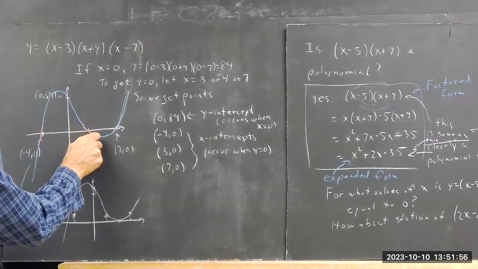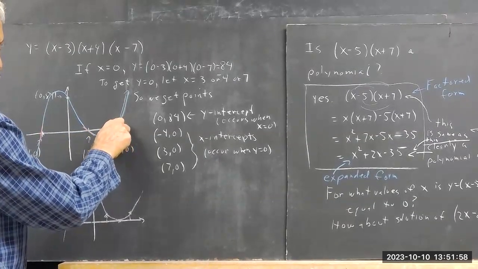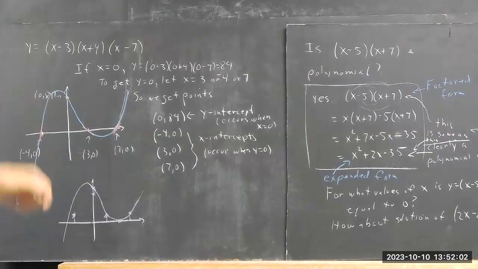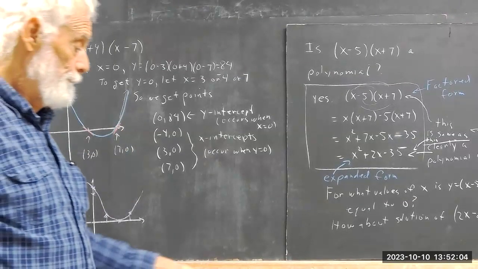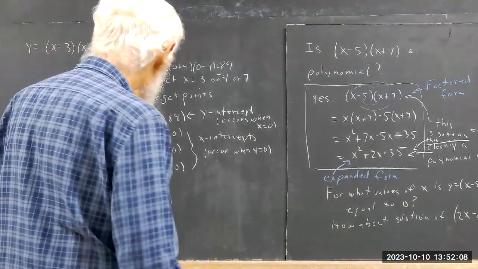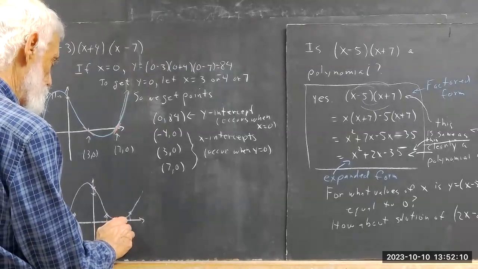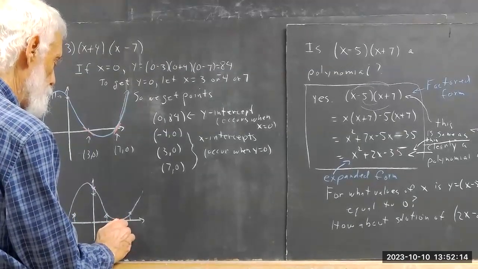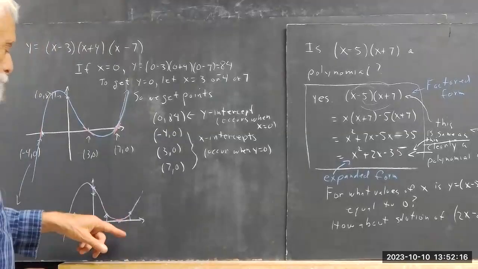Right here is a linear function that models this. And here's a linear function that models this in the vicinity of each of these points. Okay, and that's actually a big deal. And down here, there's actually a parabola. Just a small little section of a parabola here. It's a good model for the function at this point.